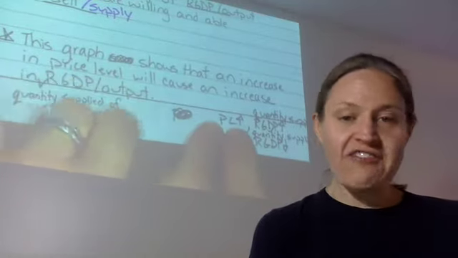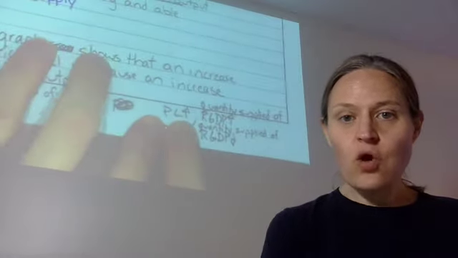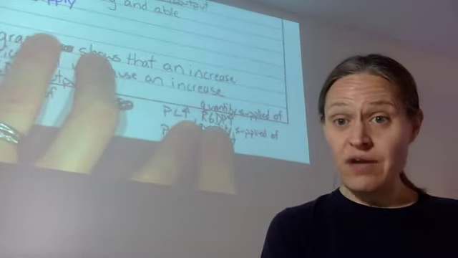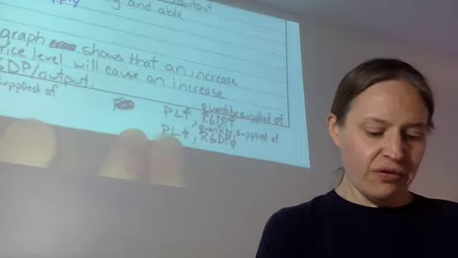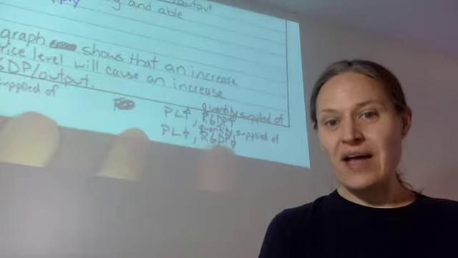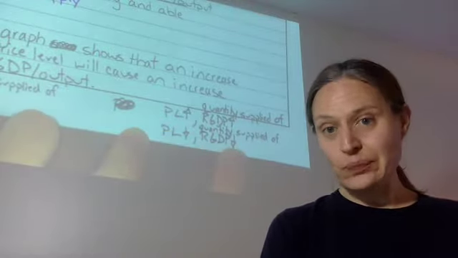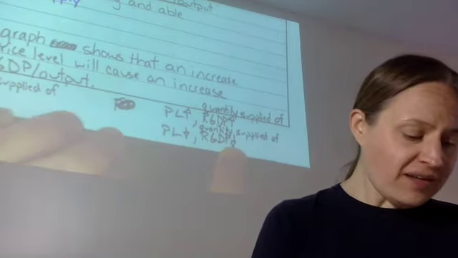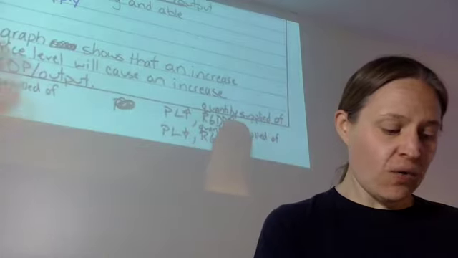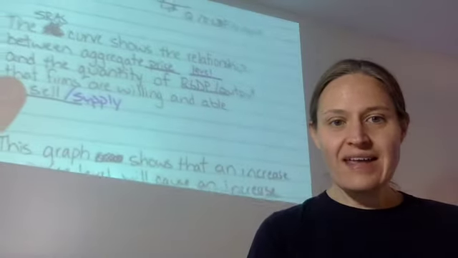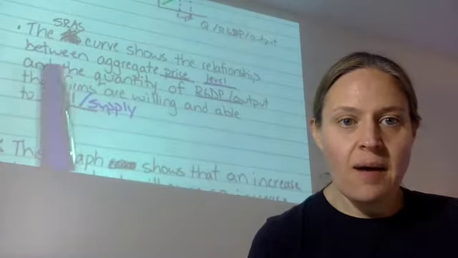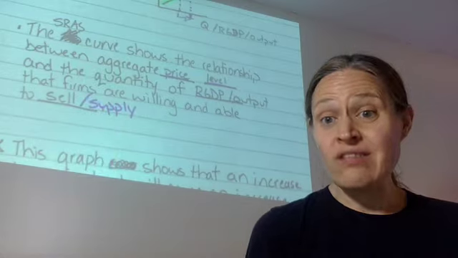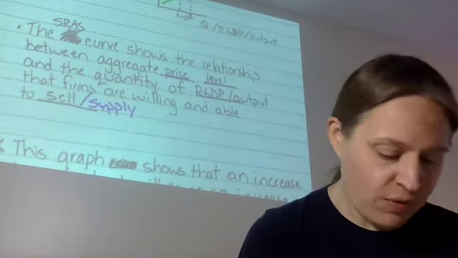So it's saying that if price level goes up, quantity supplied of real GDP goes up. If price level goes down, quantity supplied of real GDP goes down in the short run. Now, quantity supplied of real GDP going up or down, that is another way of saying businesses will supply more stuff. Maybe we want to add that in.